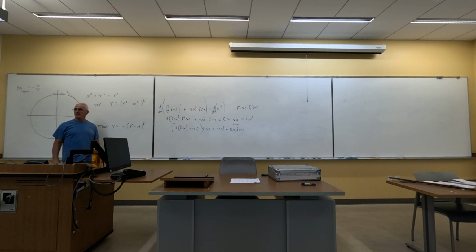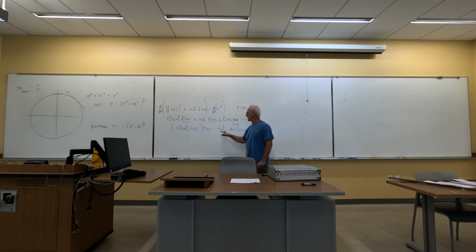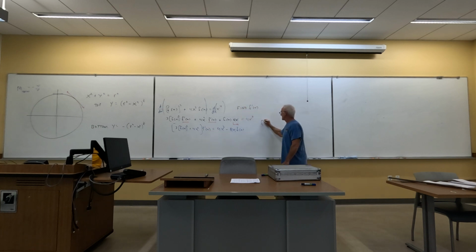Can I write f prime now? I have something times f prime equals something else. Can I just write f prime now as the quotient? What's left? So f prime should be this quantity over this quantity.